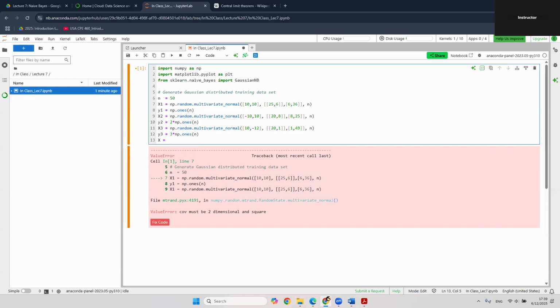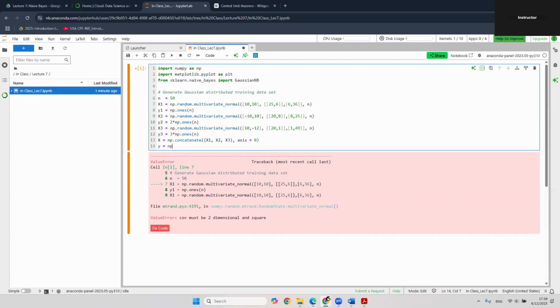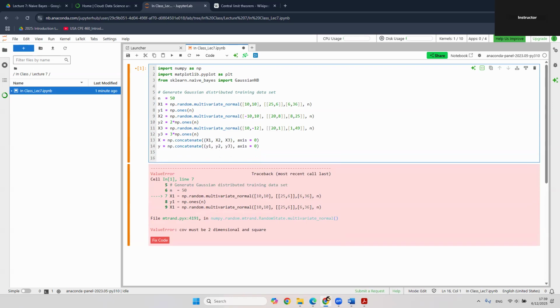X equal to np.concatenate. Again, axis equal to 0 means I'm going to concatenate them by rows.